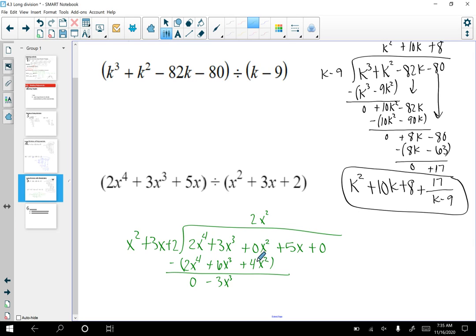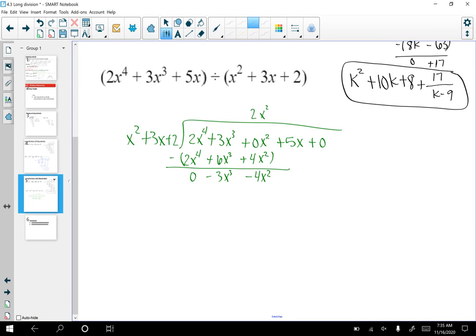So 0 minus 4x squared gives me negative 4x squared. Perfect. Now, just like before, I'm bringing down my plus 5x.